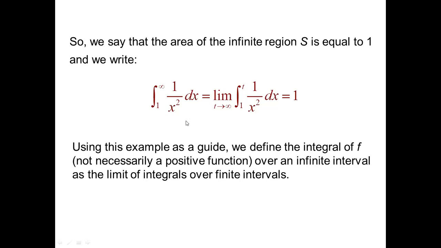Your first term would be 1, but your second term would be 1 over infinity. 1 over infinity, or anything divided by infinity, is 0. So 1 minus 0 is still equal to 1.